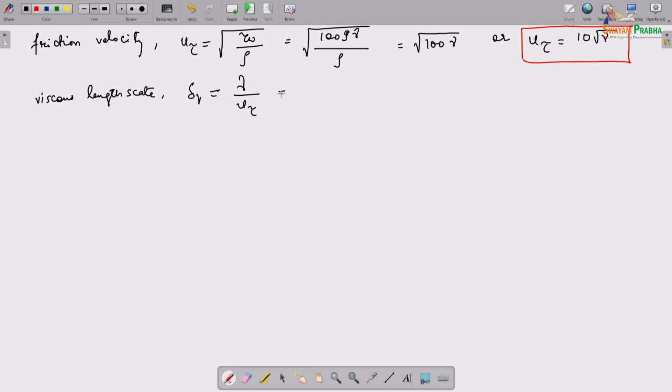So, u tau is 10 under root nu, which gives under root nu by 10. Or delta V is equal to under root nu by 10.